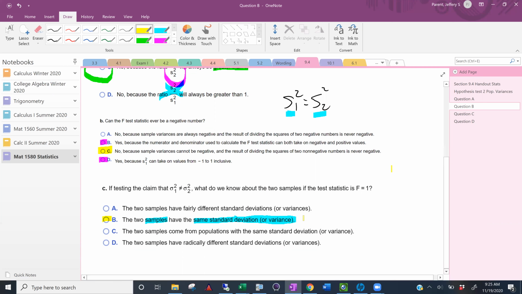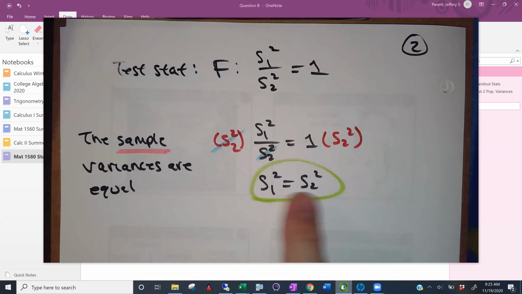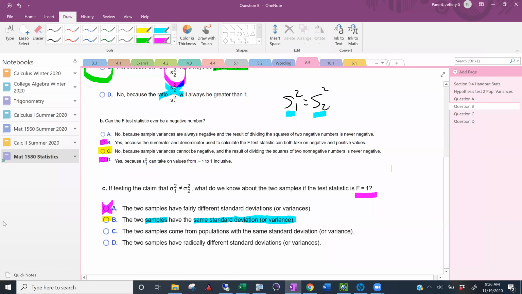Let's see if we can eliminate the other ones. The two samples have fairly different standard deviations or variances. No, that's not true. The two sample standard deviations come from populations with the same standard deviation or variance. Well, that could be what we're testing, but that's not what F statistic equals 1 tells us. The F statistic equals 1 tells us that the variances and also the standard deviations have to be equal. This other choice here, C, we're going to eliminate.